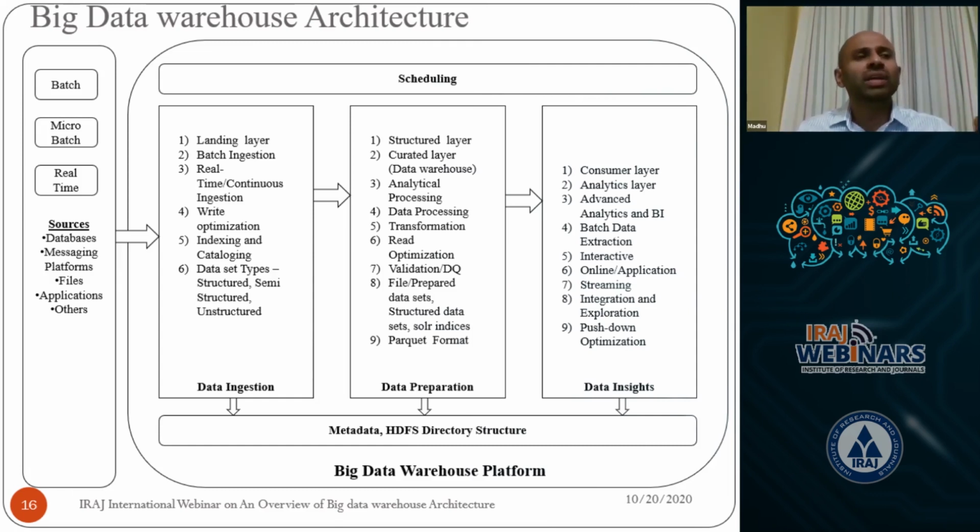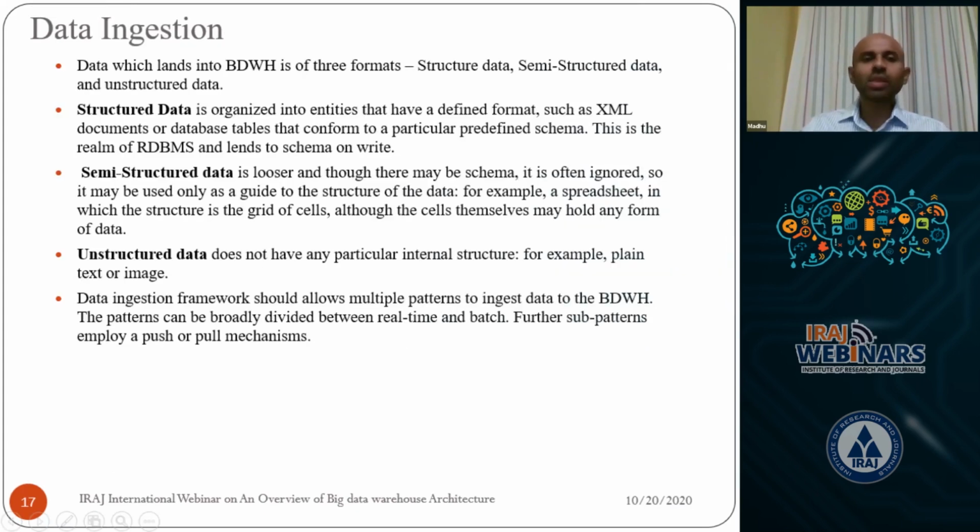So basically you are working on files. There is no database management system which you're working on. You're basically looking at the files and schema is generated on the fly during reading. So metadata becomes very critical. Similarly, the HDFS directory structure also is very critical because everything is files. And finally, the final block is how do we schedule these particular jobs in the big data warehouse. So these are the main functional blocks of the big data warehouse architecture.